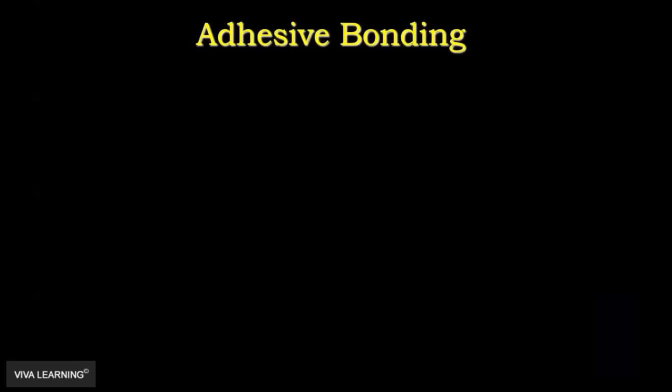So we'll start off talking about bonding. Dentistry has changed so much that we live in an age where it's become much less difficult to have a material stay on the tooth, because we can actually bond to tooth structure.